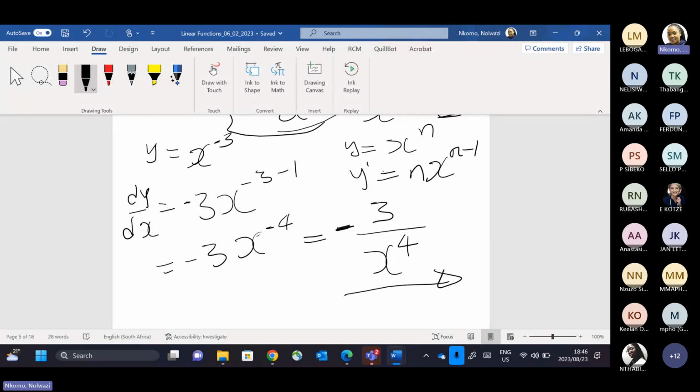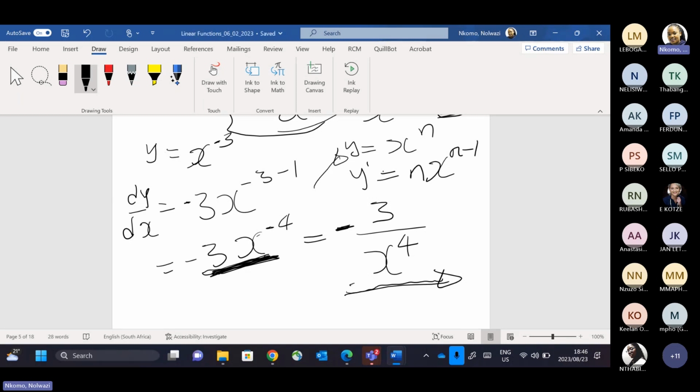If you're writing multiple choice and the answer is left like this, it's still okay, but if it's not there, try to apply the rules of exponents to leave your term like this, because it's always right to leave all your terms with positive exponents.